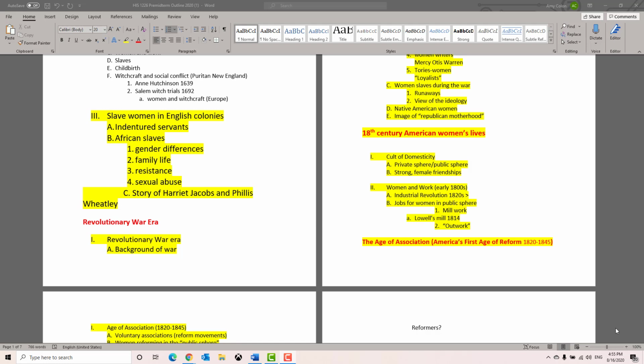Once your contract was fulfilled, once you have worked for X amount of years, let's say you signed a contract for 7 years and the 7 years is up, then you are free. Now, the tradition back in this time was that if you were a good worker, you would get a parting gift to help you in your life.